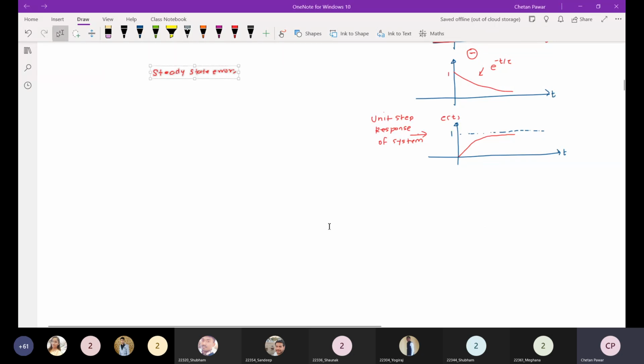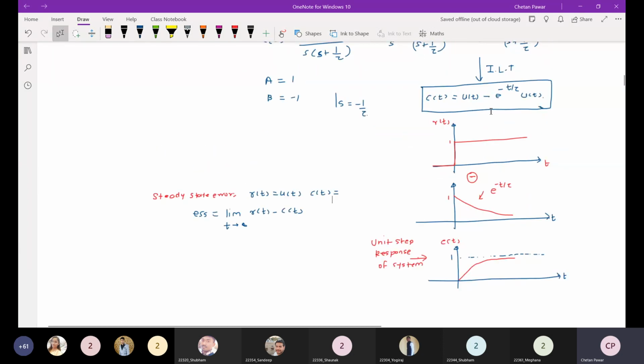Okay, let us see how to calculate it. What is meant by steady state error? Here you see, e_ss is the limit as t tends to infinity of the difference between the reference input and the output. What is my reference input? r of t, that is u of t. And what output did I get? u of t minus e raised to minus t by tau u of t. So this is my output.